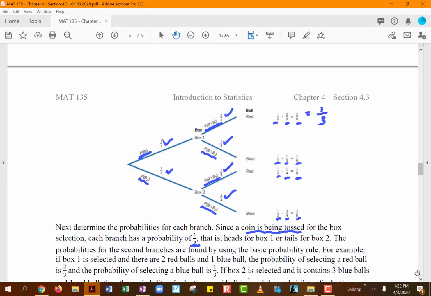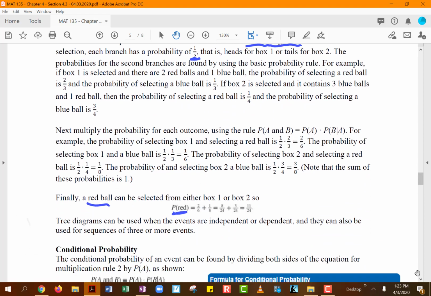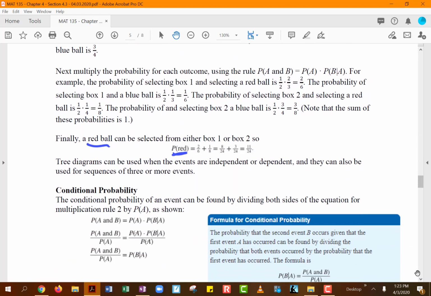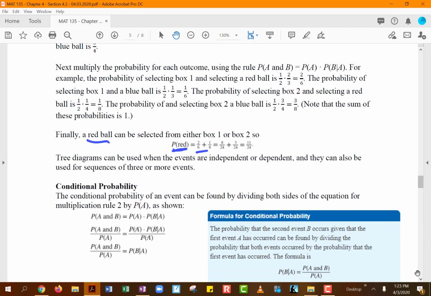You can see the probability of selecting a red ball was 2/6 from box 1, and the probability of selecting a red ball from box 2 was 1/8. So you're looking at 2/6 plus 1/8, and finding a common denominator, which is 24, 8 plus 3 will give you 11 out of 24.